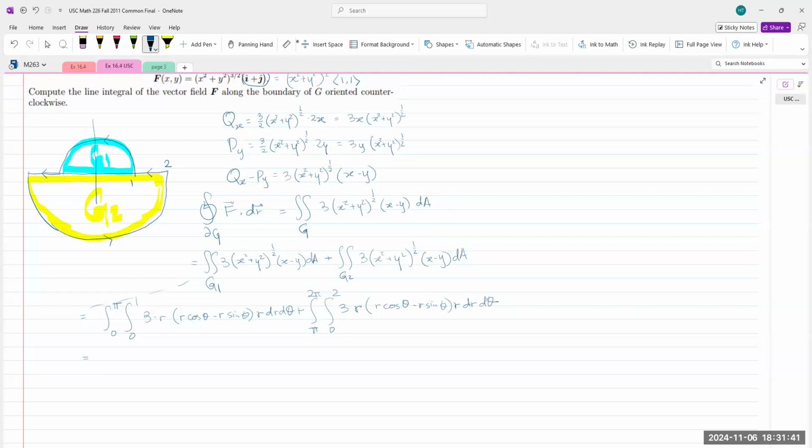This will be, I can factor the 3 out, the integral from 0 to pi of cosine theta minus sine theta d theta, integral from 1 to 2 of r cubed dr, plus 3 times the integral from pi to 2 pi, sorry, I want to separate them right away.